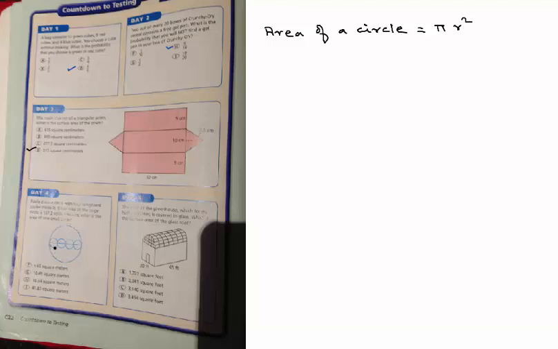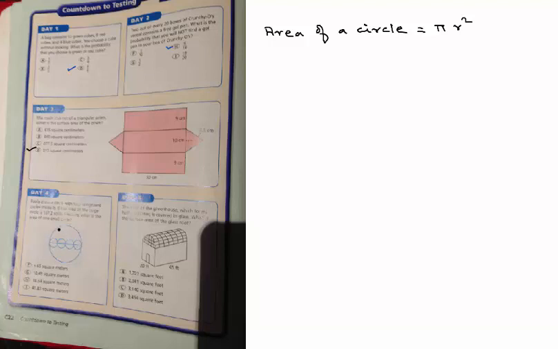The diameter is twice the radius, right? So if the diameter of the large circle is d, then the diameter of each one of the smaller circles is going to be d over 4, or 1/4 of d. That makes sense, right? Because all of this is d, so that's divided into 4 equal parts. Therefore each one is going to be d over 4.